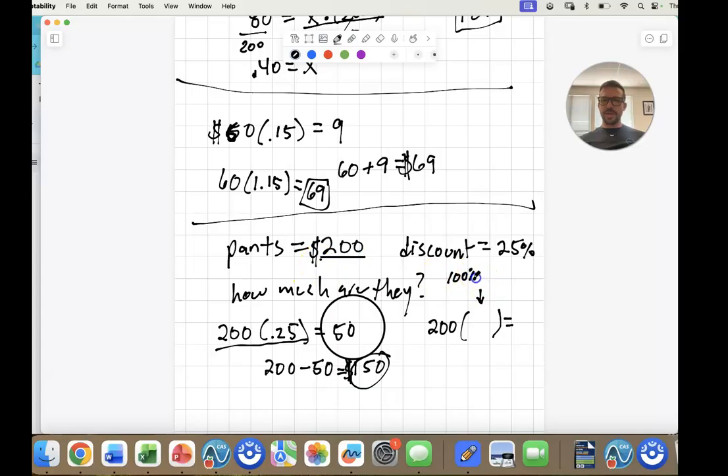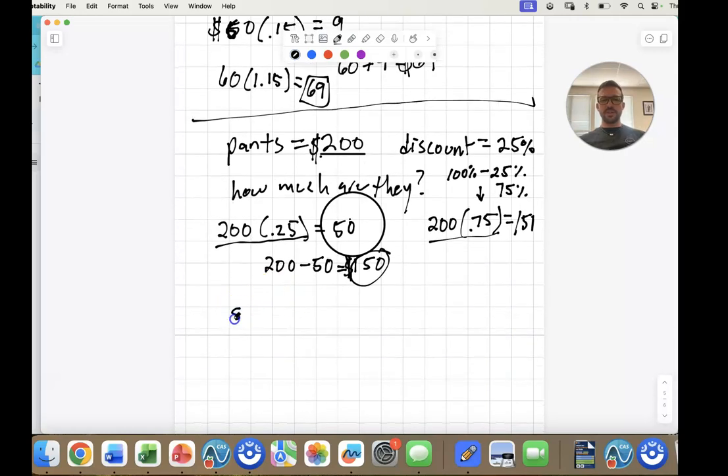We're subtracting off 25%, which means I only owe 75% of what the pants are worth. So I do 200 times 0.75, and that comes out to 150. That's how you find this stuff.